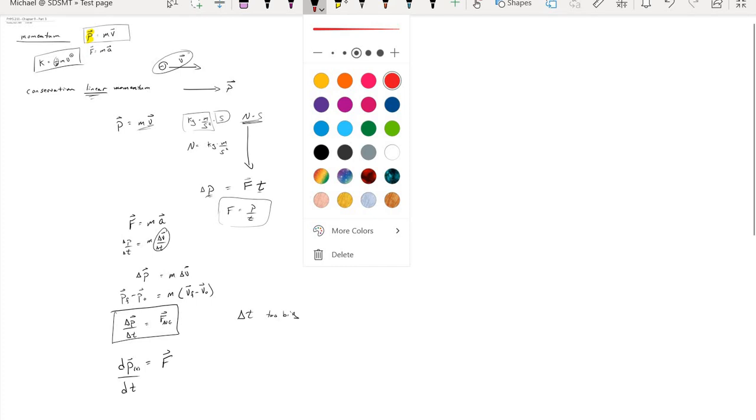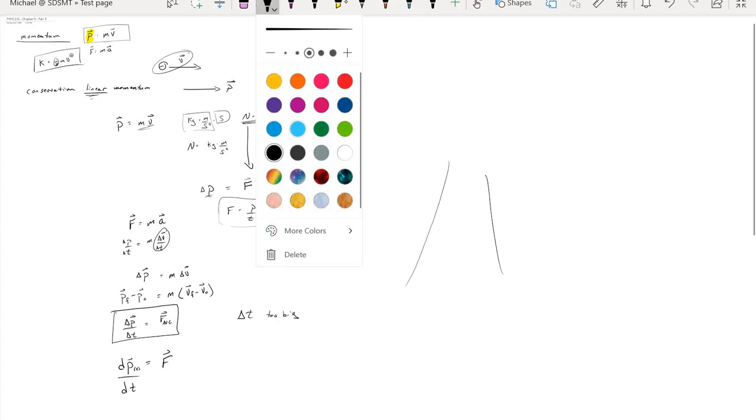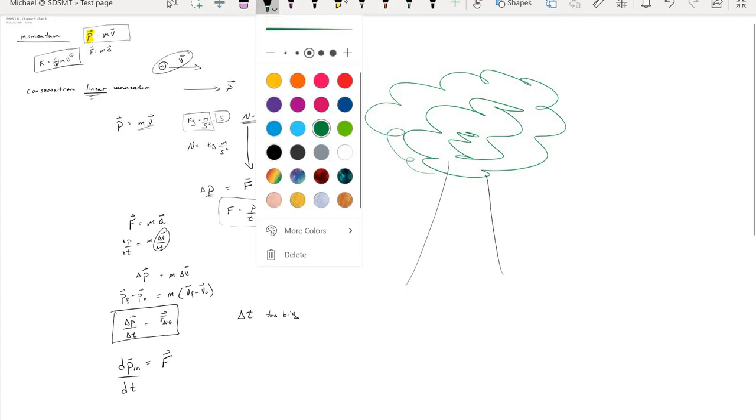I'll see if I can draw a tree here. So we have a tree. We'll put some leaves on the tree. And there's a branch on the tree.